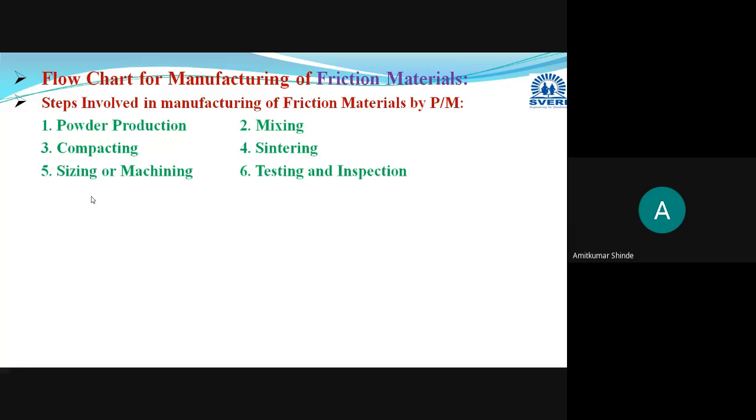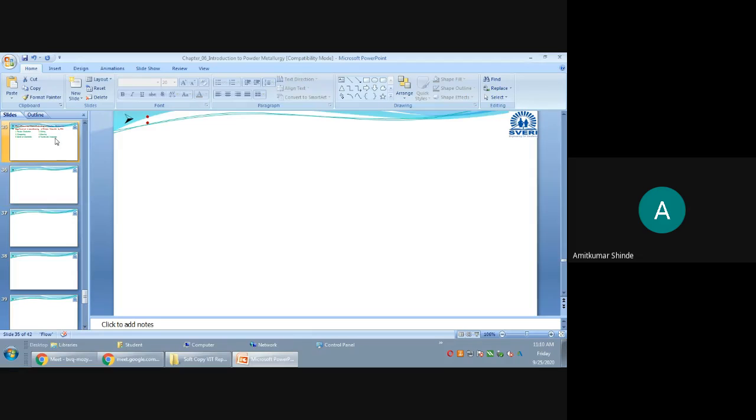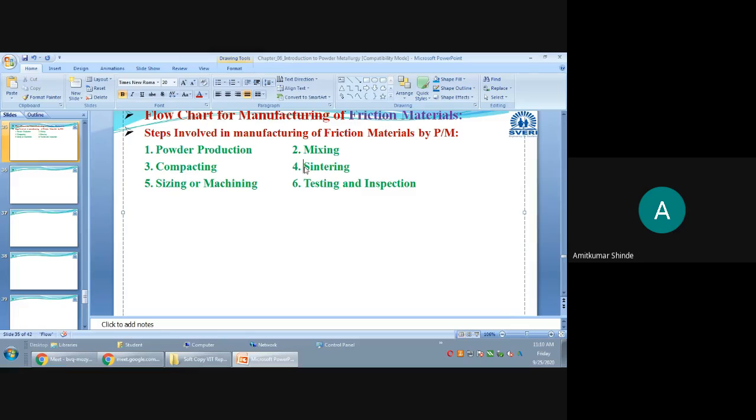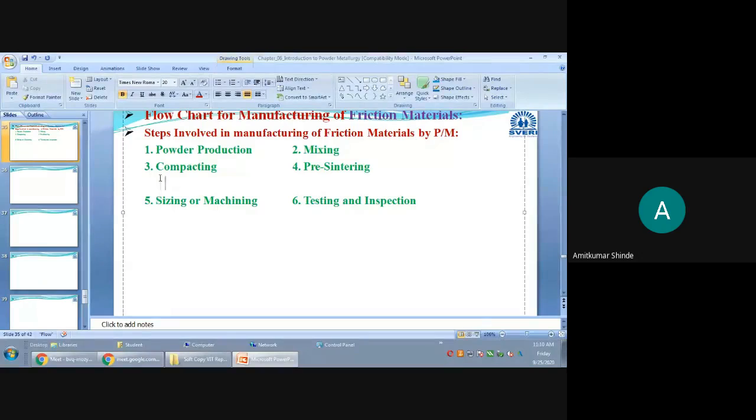Okay, then if suppose you have added oil, that oil will be eliminated. You have to perform one pre-sintering operation there, and during that pre-sintering operation, that oil will get eliminated.